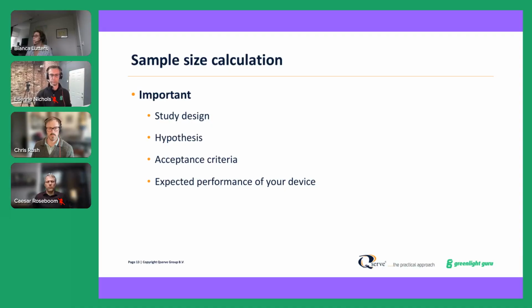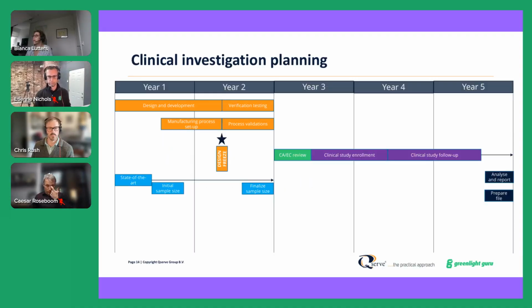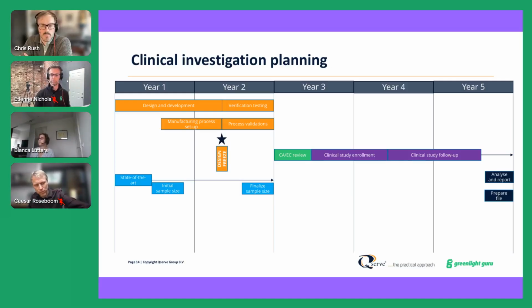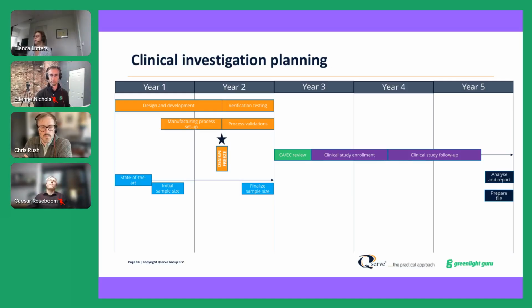When are you thinking and actual practice on the clinical investigation planning. Very early on, if you look at this picture, it has in year 1 and year 2 design and development, verification testing, the manufacturing process validations, and the design freeze.